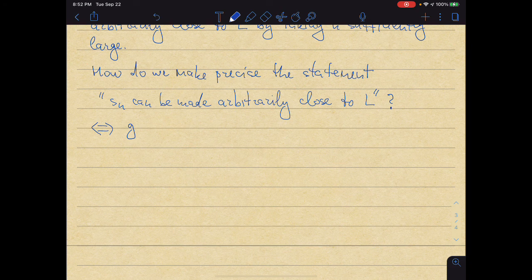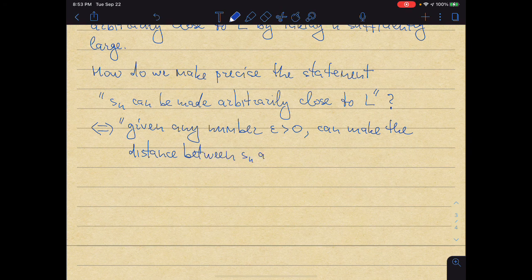Given any number, let's say I will call this number epsilon, that number is positive, we can make the distance between Sn and L smaller than epsilon.